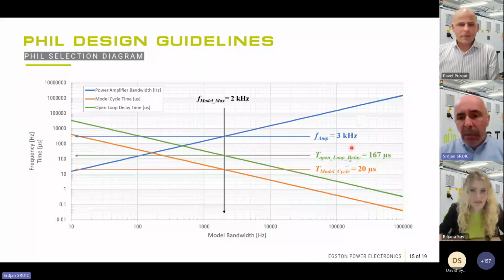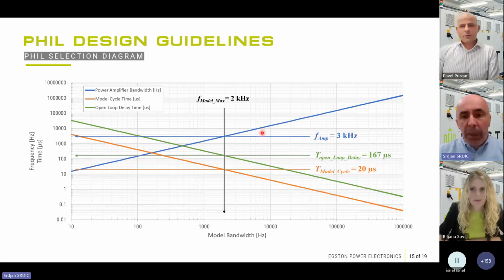Basically, what we have here on the x-axis is the model bandwidth. That is the highest frequency that you want to simulate with the real-time simulator or with this PHIL system, the frequency of the plant you want to simulate. The blue characteristic is the required power amplifier bandwidth. To successfully simulate a system whose model has 2 kilohertz bandwidth, you would need an amplifier with a bandwidth of 3 kilohertz.